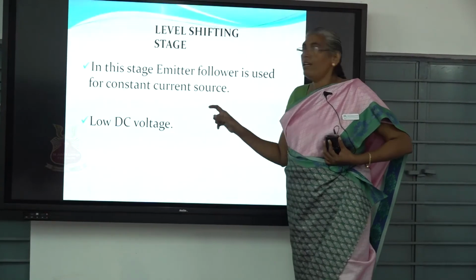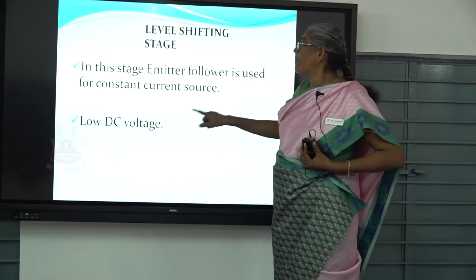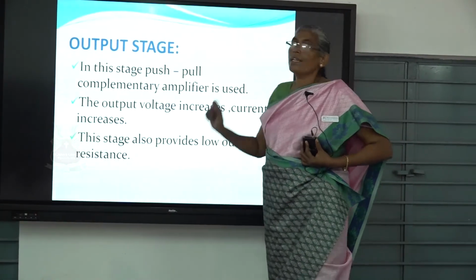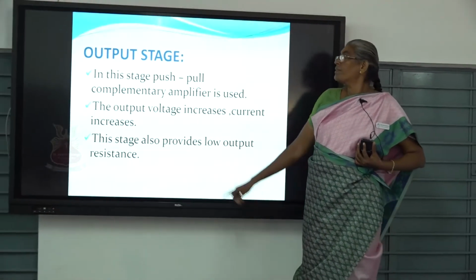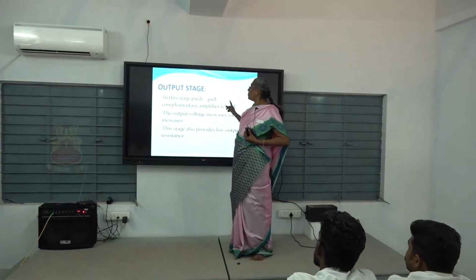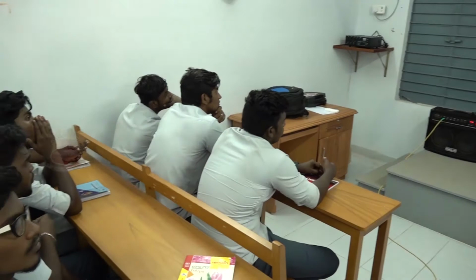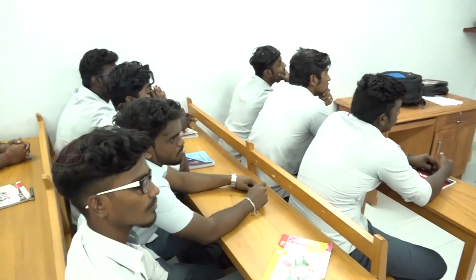In this level, low DC voltage is applied. The next stage is the output stage. In the output stage, the push-pull complementary amplifier is used. The output voltage increases and also the current increases.